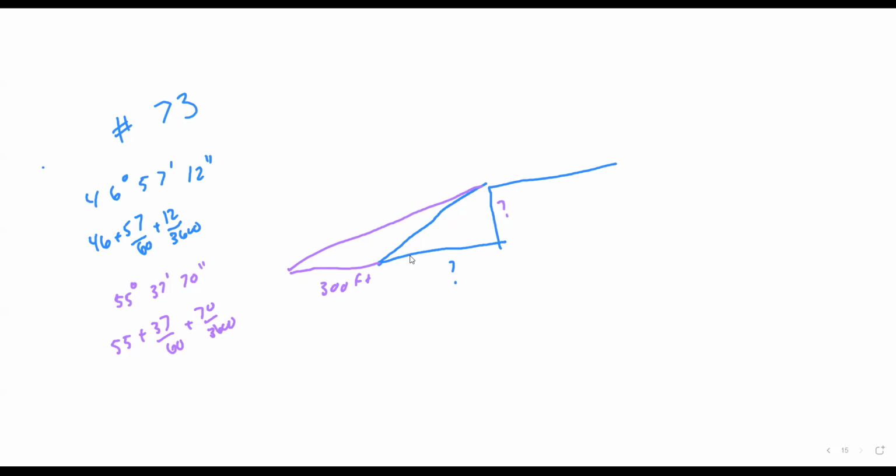Let's see. All right, well, let's just figure out those angles. Maybe putting that on paper, we'll see it. So this would be 46 plus 57 divided by 60 plus 12 divided by 3600.